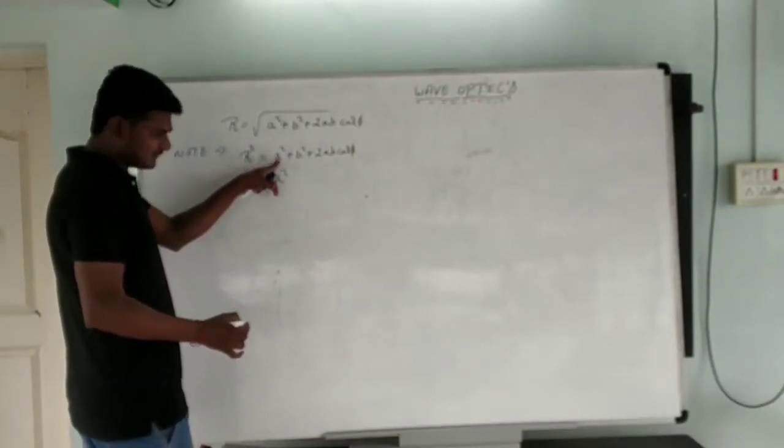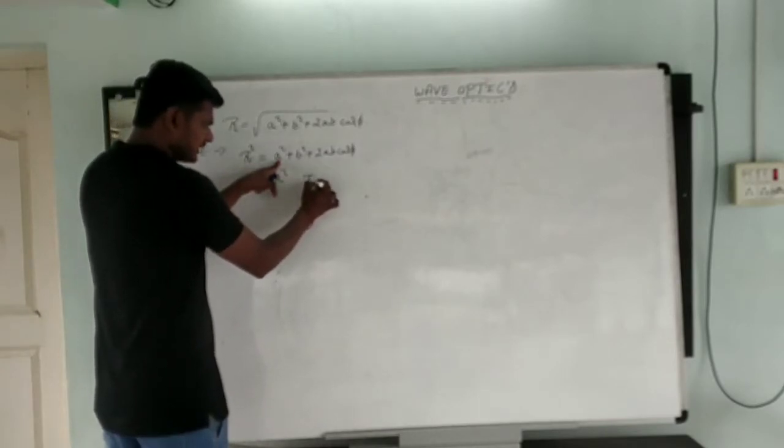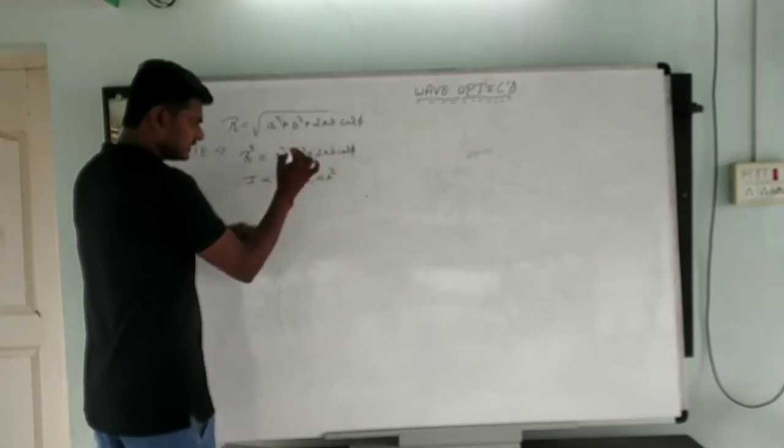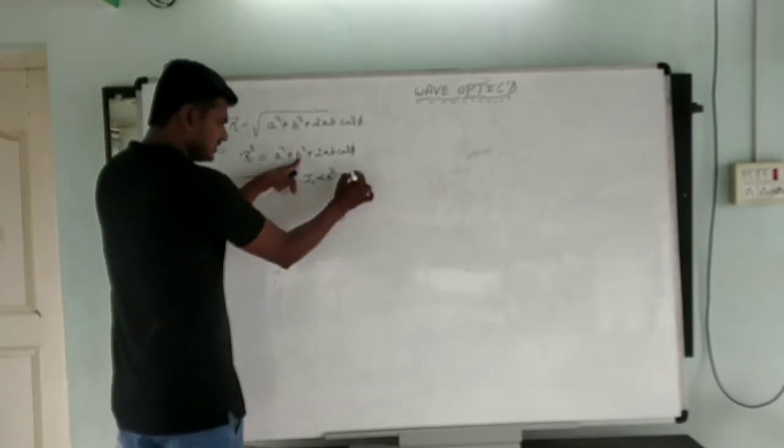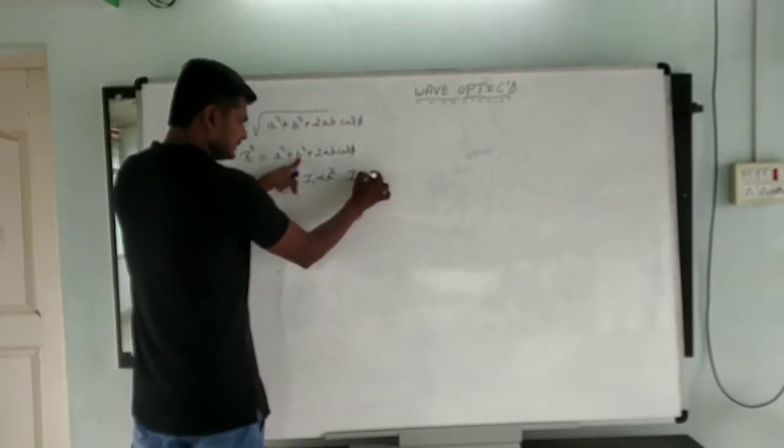Here A square means the first source intensity, so I take I1, which is A square. B square means the second source, so I2 is B square.